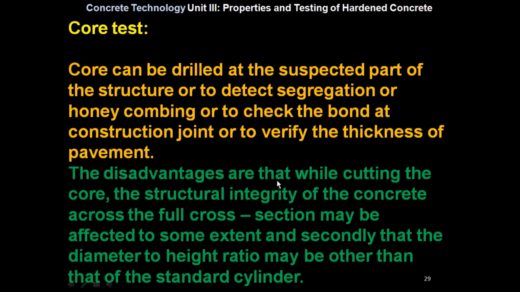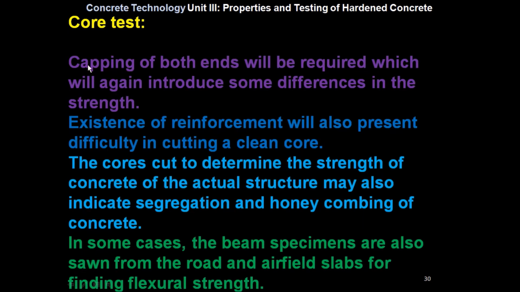The disadvantages are that while cutting the core, the structural integrity of the concrete across the full cross section may be affected to some extent, and secondly that the diameter to the height ratio may be other than that of the standard cylinder. Capping on both ends will be required, which will again introduce some difference in the strength.